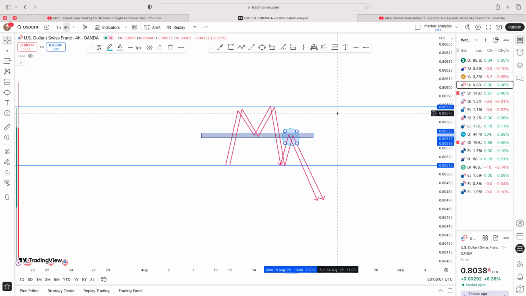I want to give you an example. Other things that correspond with what we are looking for. So when we get here, we are looking to sell. So let's say, for example, we find a rejection.